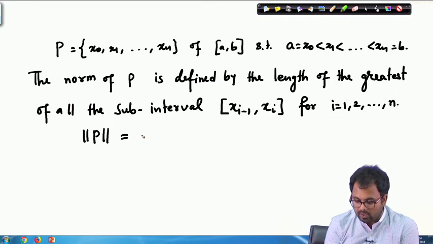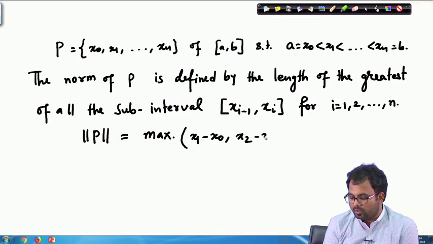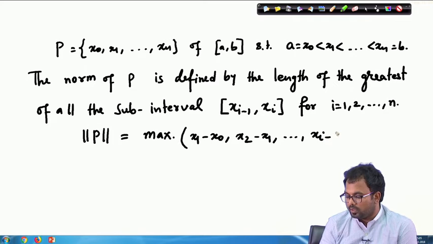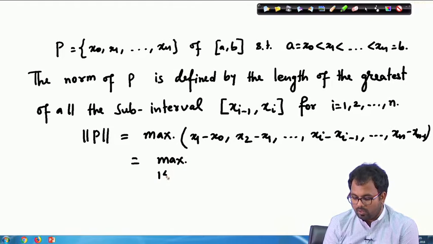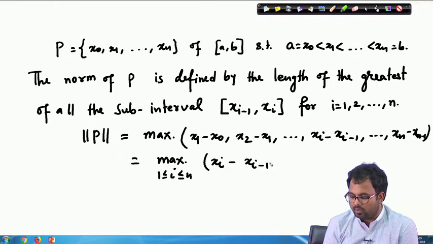So we can write it as the maximum of x1 minus x0, x2 minus x1, and so on up to xn minus xn minus 1. In short, you can also write the maximum over all i of x i minus x i minus 1.